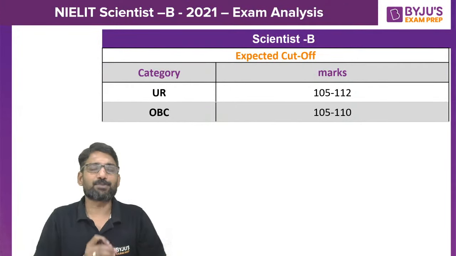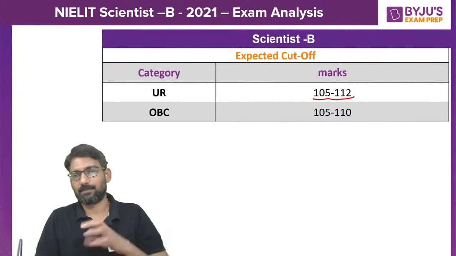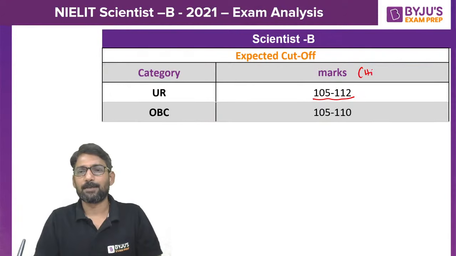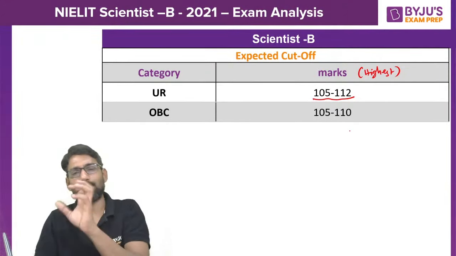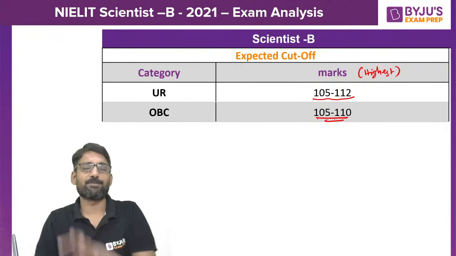So the expected cutoff, I can say, around the highest, I am talking about highest, around 105 to 112 the highest could be, and for OBC it would be around 105 to 110.